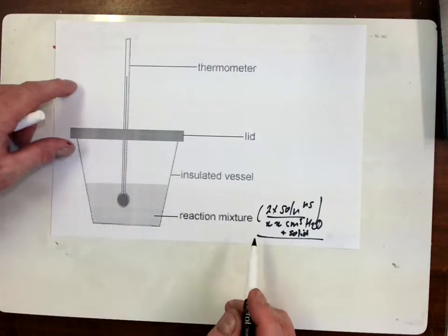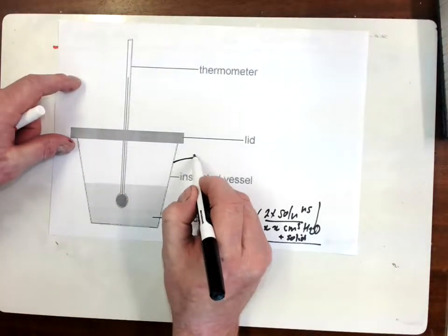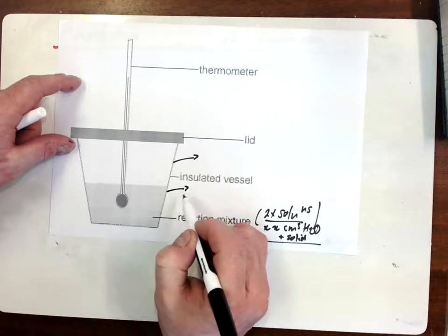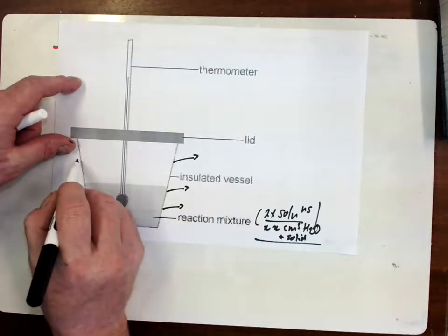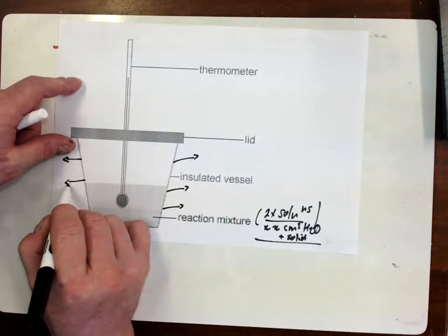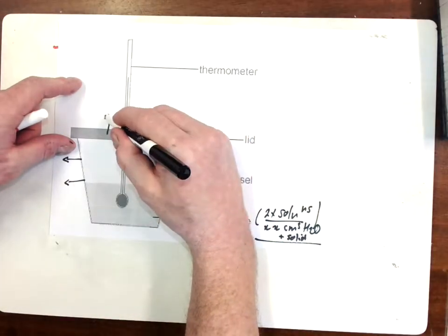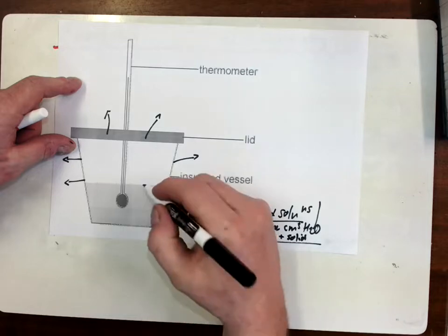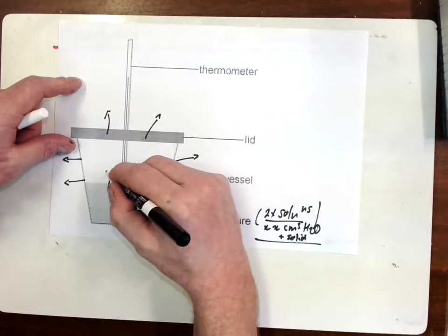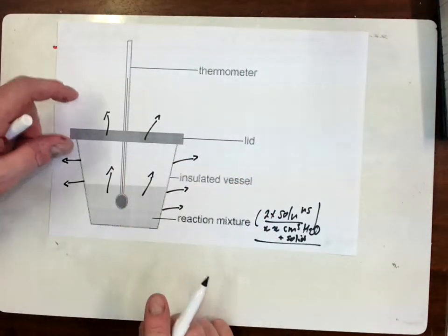Obviously with a polystyrene cup, even if I hold a cup of tea in a polystyrene cup, some heat escapes and my hand will feel warm, so clearly some heat is escaping. So that's an error that you want to quote. Some heat would also escape from up there, and heat will also escape into the air around us.